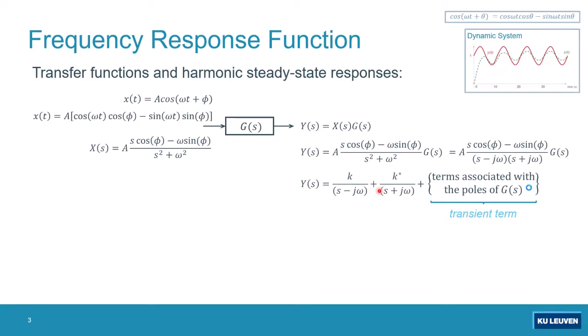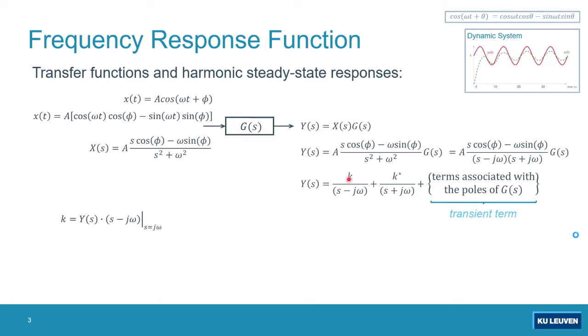In order to solve the steady state response, the steady state of Y(s), I have to solve these partial fraction expansions, which means I have to find the k and k star accordingly, right? So how to find k? If you need to refresh your memory, you just have to refer back to your math.